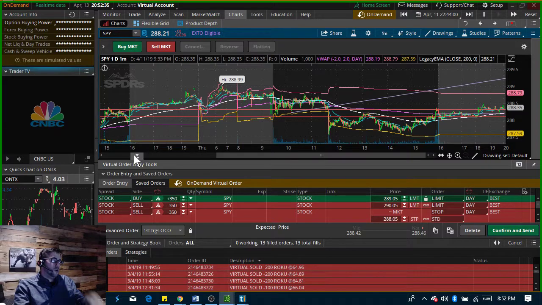So we call that the OCO order or the set it and forget it order of the day. We have a couple of those a day, but we try to keep it light. We try to pick the best ones. So that's for people who are going to work or just want to enjoy their life and let the computer trade for them.